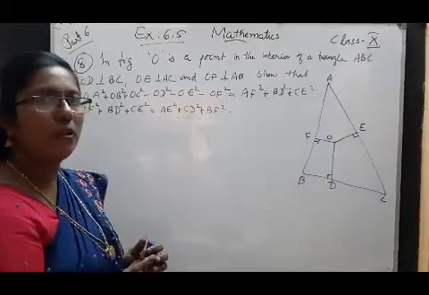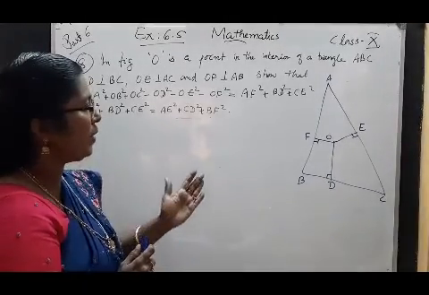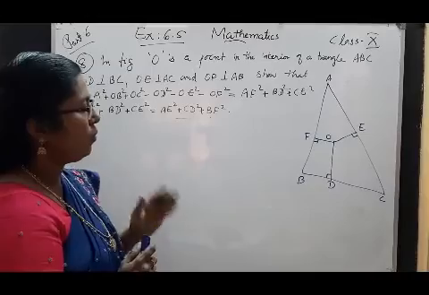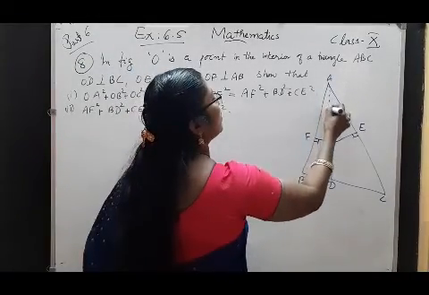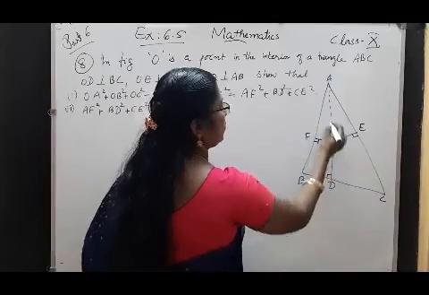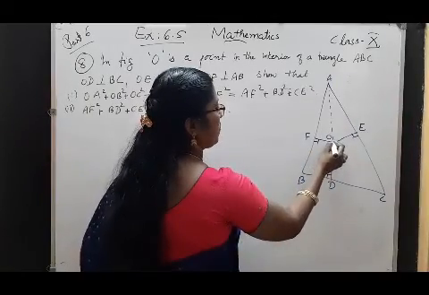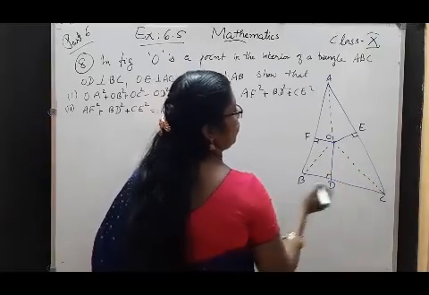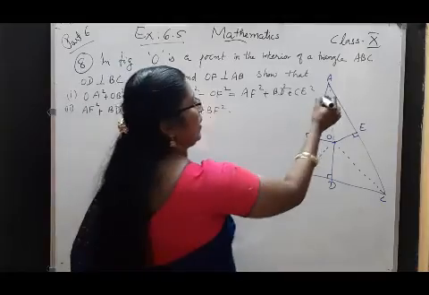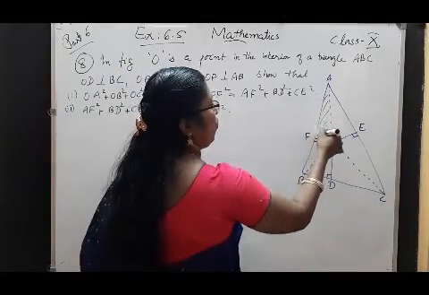First of all, join OA, OB and OC. Then consider triangle AOF.